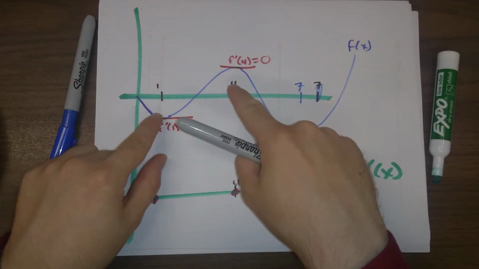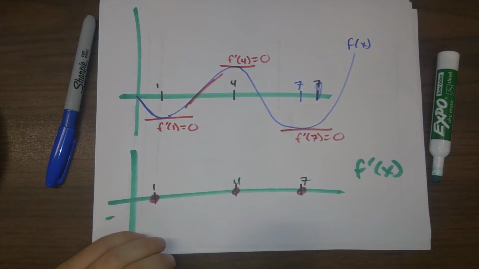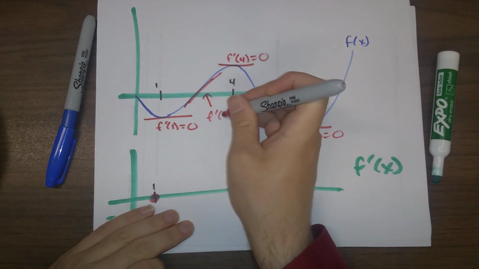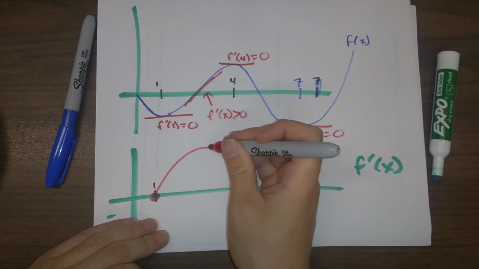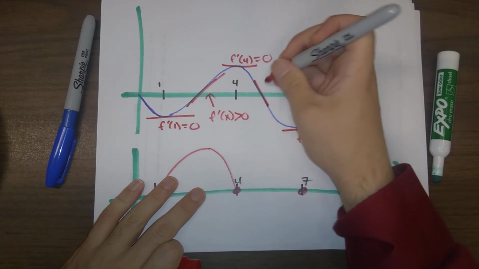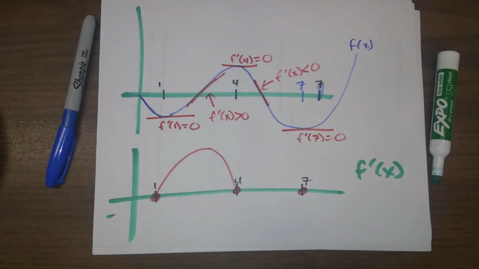Okay, between 1 and 4, the slopes of the tangent line are positive, which means the derivative here has to be positive, which means our derivative is above the x-axis. Between 4 and 7, the slope of the tangent line is negative, the function is decreasing, the derivative is negative.